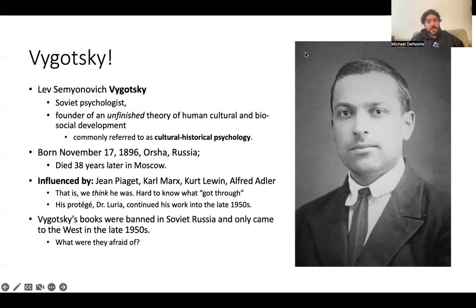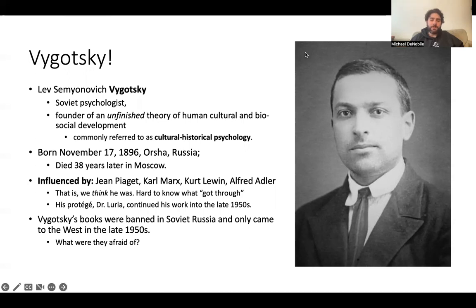And what's interesting is that the Soviets banned him until the 1950s as far as his work was concerned. He's founder of an unfinished theory of human culture and biosocial development, commonly referred to as the cultural historical psychology.